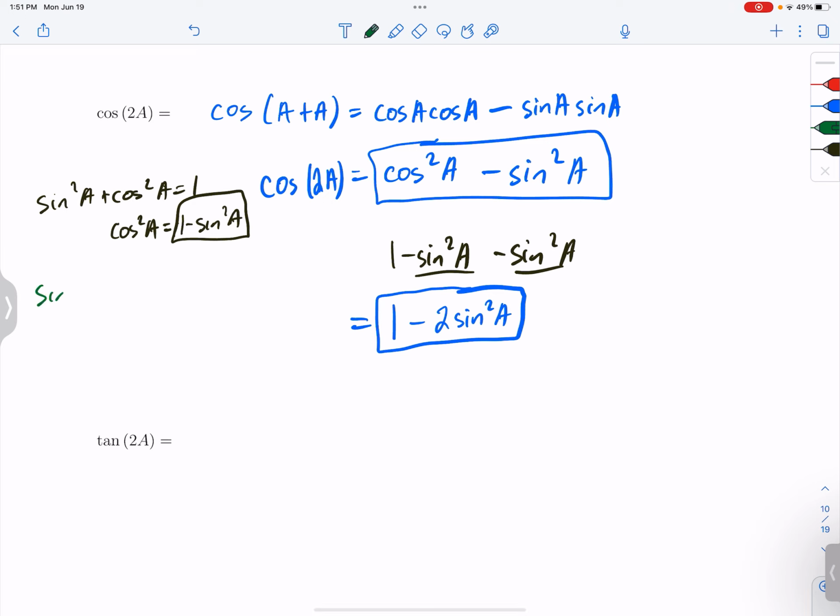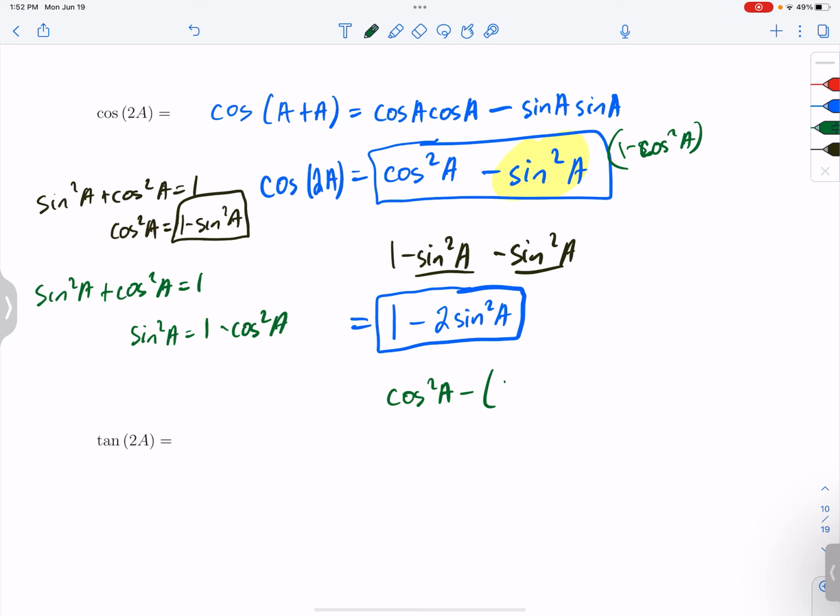And then if I take the Pythagorean identity again, and this time solve for sine squared of a, I get 1 minus cosine squared of a. And up here, in place of sine squared, I'm going to substitute in that 1 minus cosine squared of a. So we're going to see that I have cosine squared of a minus 1 minus cosine squared of a.